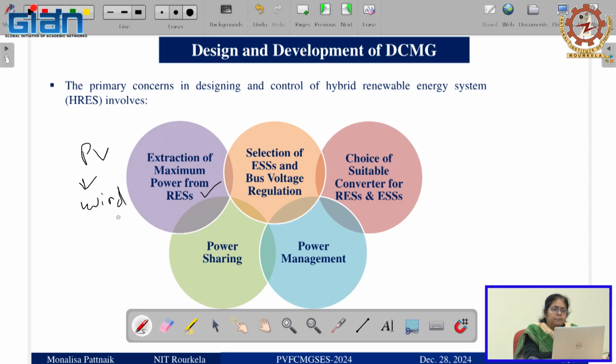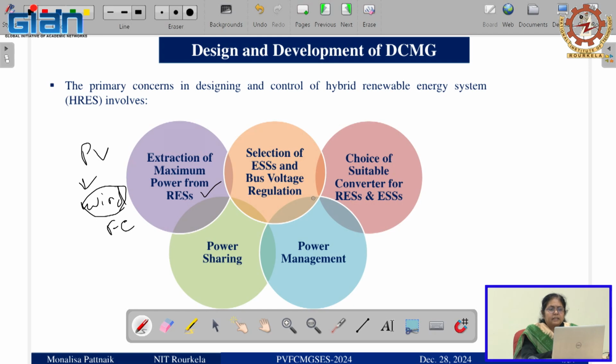Here in place of wind, you can think of a fuel cell also, where again you can extract maximum power. In upcoming classes you will see how to extract maximum power from PV; that MPPT part will be covered later, but here I am explaining the whole system development today.